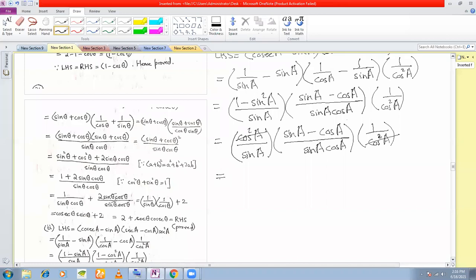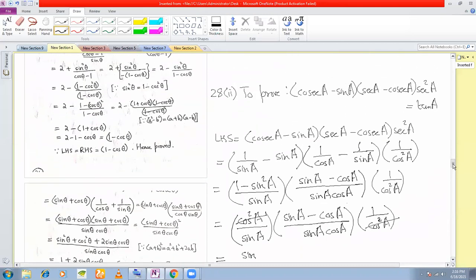And what are you left with? You are left with, okay, this is cos A, not, I made a mistake while copying. Question is cosec A minus sine A into sec A minus cos A. This is cos. Fine.